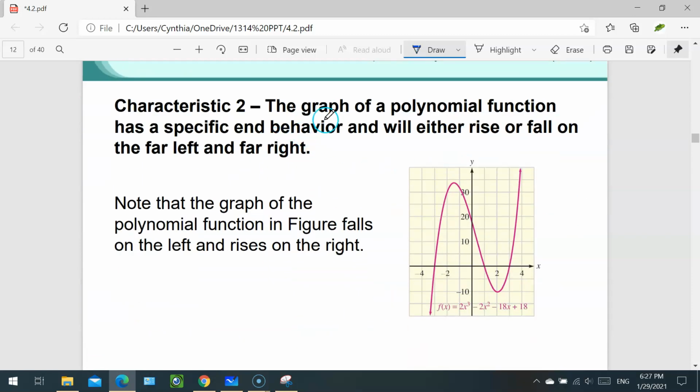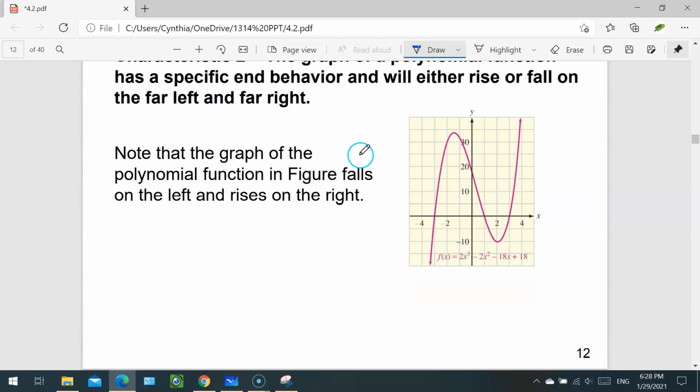The second characteristic: the polynomial graph has a specific end behavior and will either rise or fall on the far left and the far right. So if we look at this function here, the end behavior toward the right-hand side goes on forever, and the other side is toward the left-hand side forever.